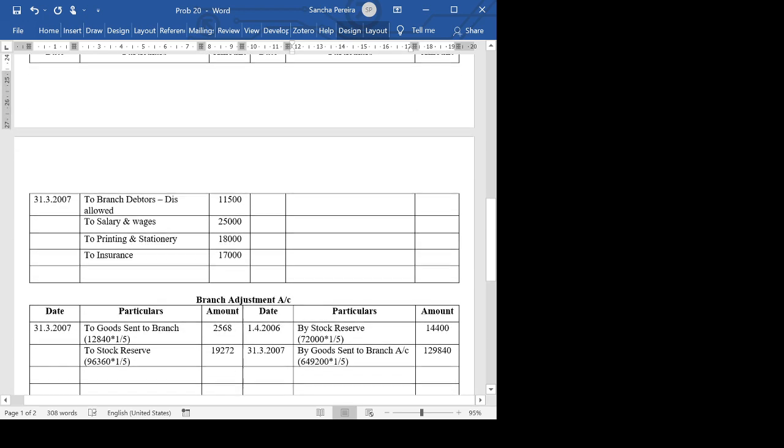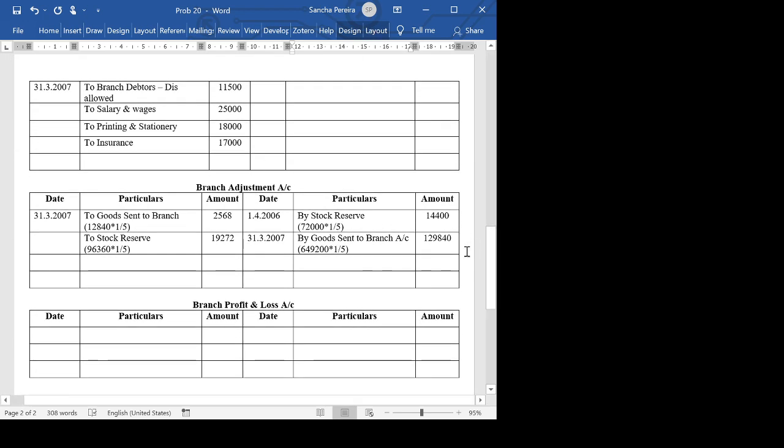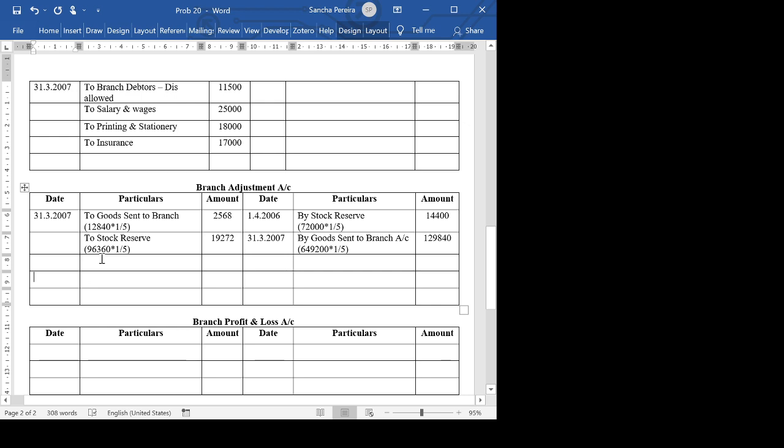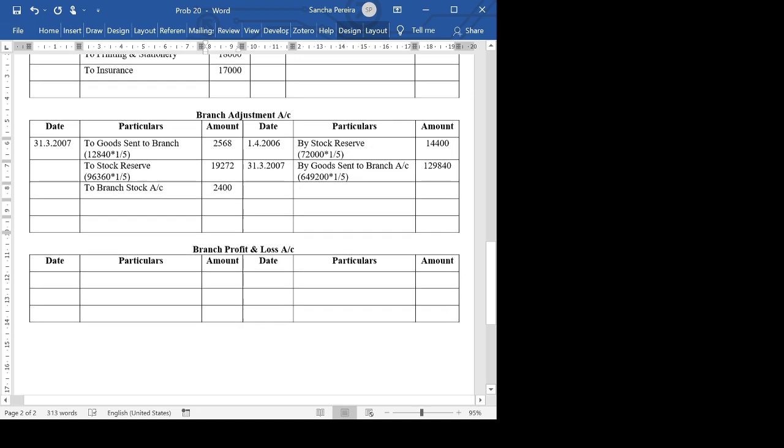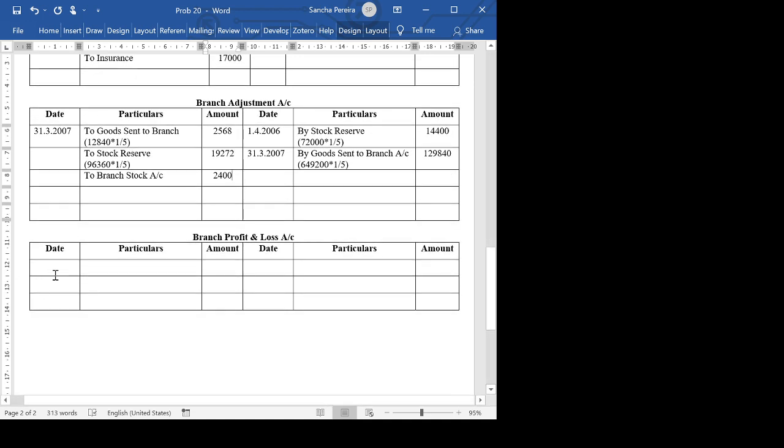So it will go in the adjustment account as to branch stock account, which is 2,400. And in the P&L account, on 31st March 2007, to branch stock account, 9,600, which is actually the cost of goods that are lost.